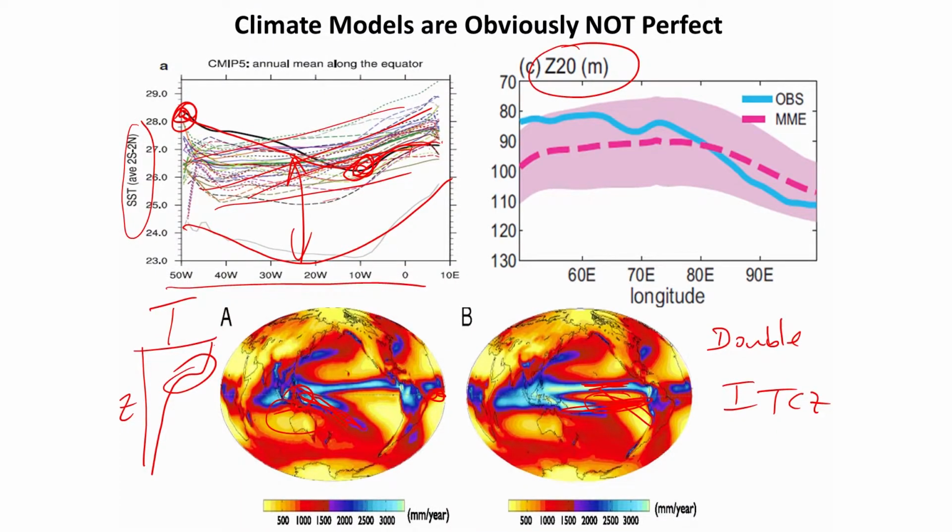The temperature gradient, or the thermocline, in the Indian Ocean is actually deeper in the east off the coast of Sumatra and Java, whereas it is shallower off the coast of Africa, the east coast of Africa. This is critical because this means warmer temperatures here because this interface is deeper.